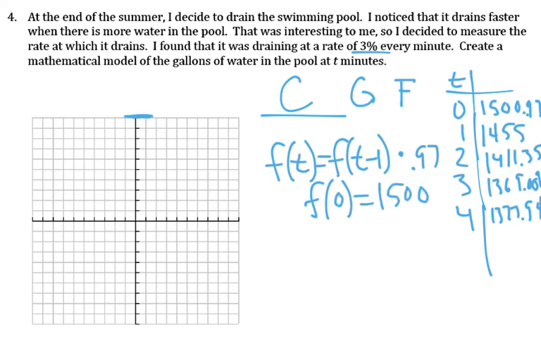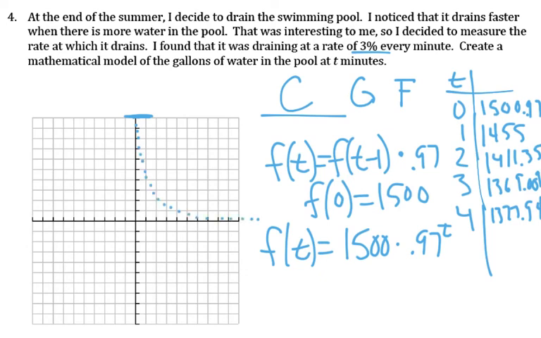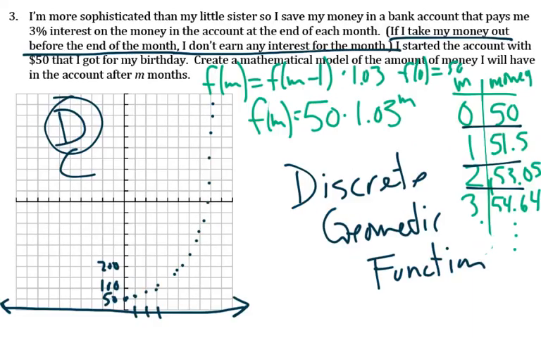For explicit, f of t equals 1,500 times 0.97 to the t. So it would start at 1,500 and it would slowly be going down like this till we got empty. But because it's continuous, I would draw my line like that. And it would look something like this.